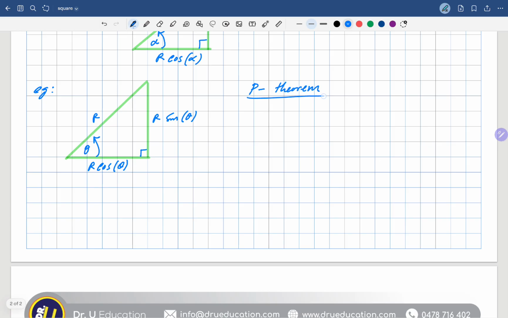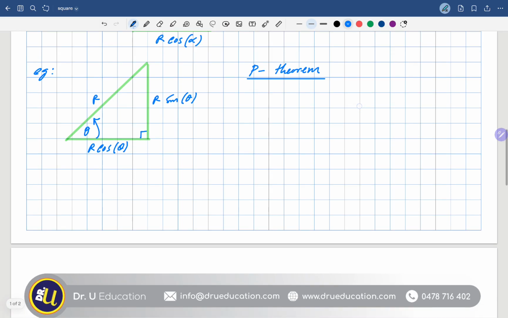So if I use P theorem here, I get hypotenuse squared is equal to opposite side R sine theta, the whole thing is squared, plus R cos theta squared, and that's Pythagoras theorem we applied.